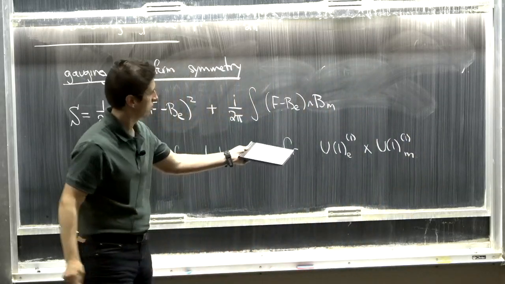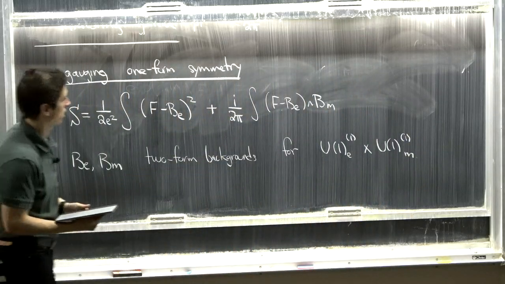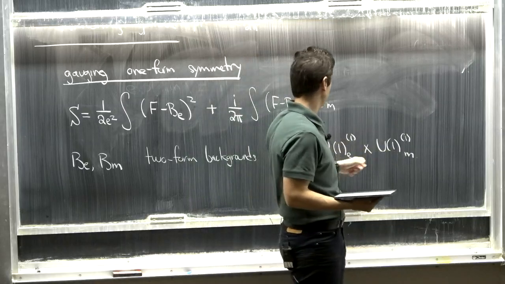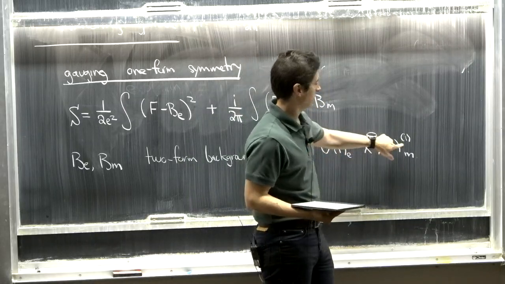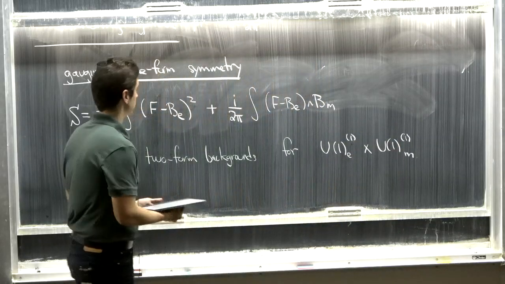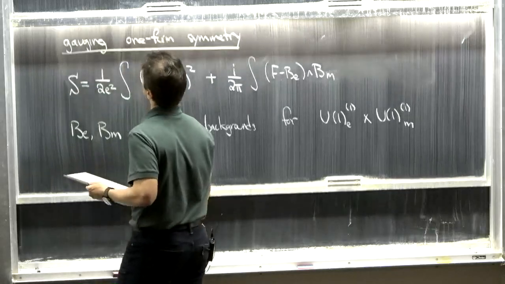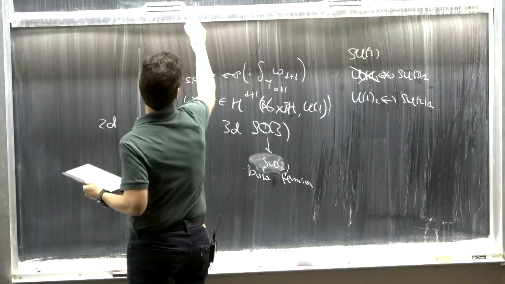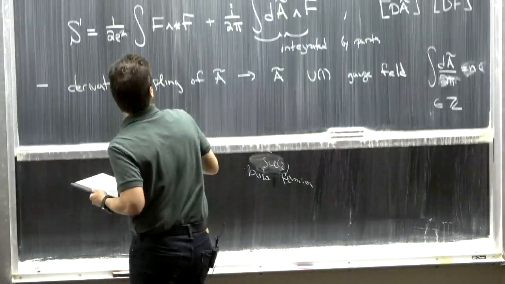I don't know if Hotat used that notation, but it's pretty self-explanatory. Just U1 times U1 for electric and magnetic, and the 1 reminds us that it's a one-form symmetry. Oh, there's a secret SPT there.